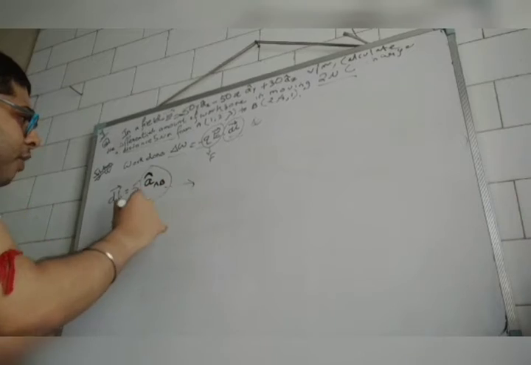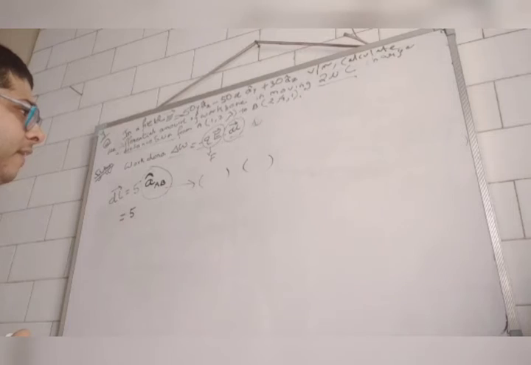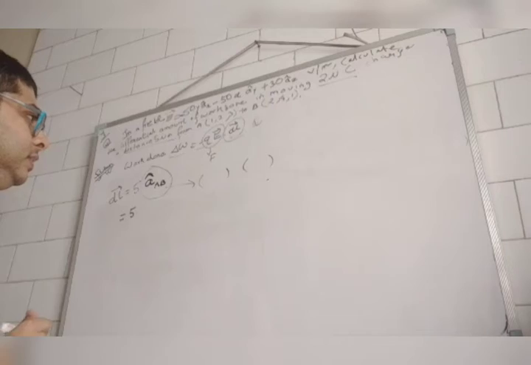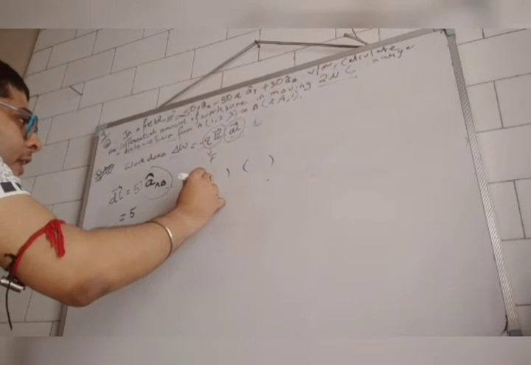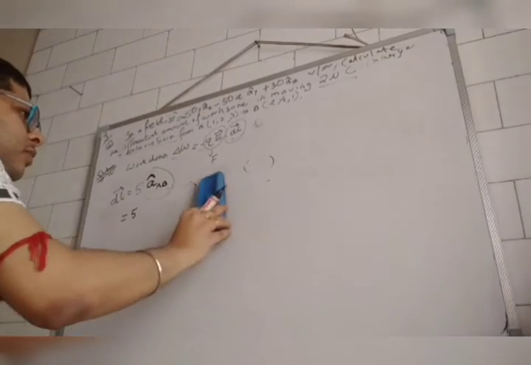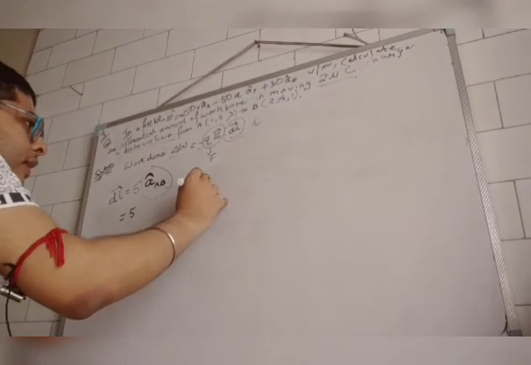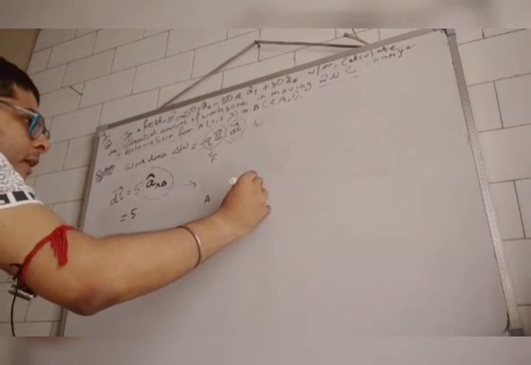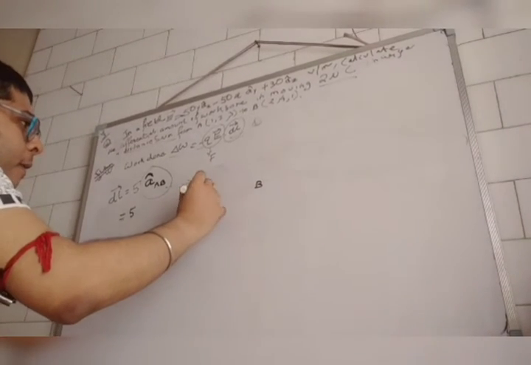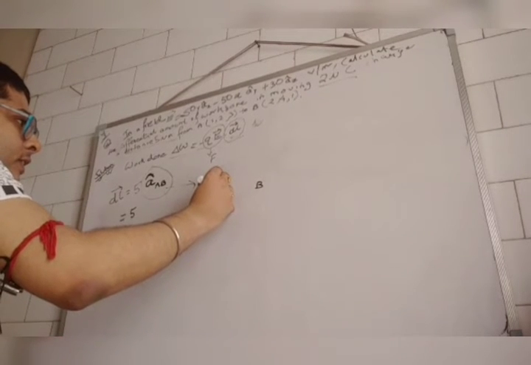I have already discussed in the class that if 2 points are given, then you can calculate the unit vector. Let us say we have 2 points, A and B. Let us say the coordinates will be XA, YA, ZA.